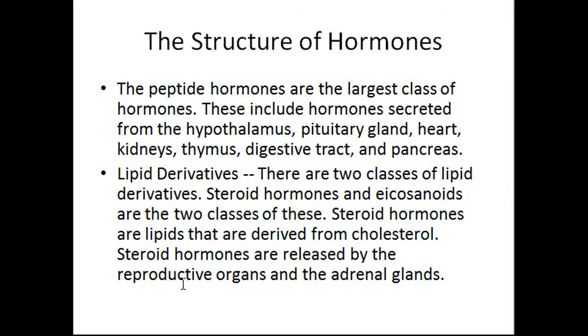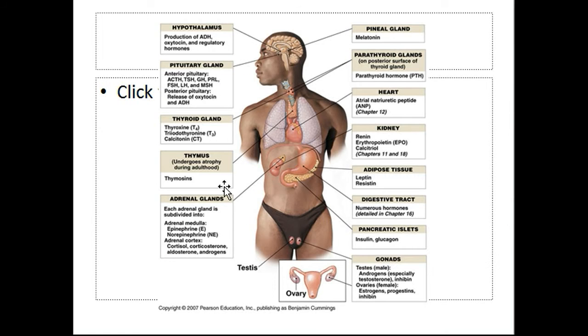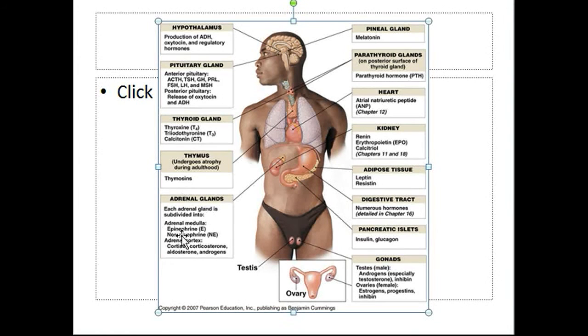Lipid derivatives. There are two classes of lipid derivatives, steroid hormones and eicosanoids. Steroid hormones are lipids that are derived from cholesterol. Steroid hormones are released by the reproductive organs and adrenal glands. Shoot. So, right here, in here.